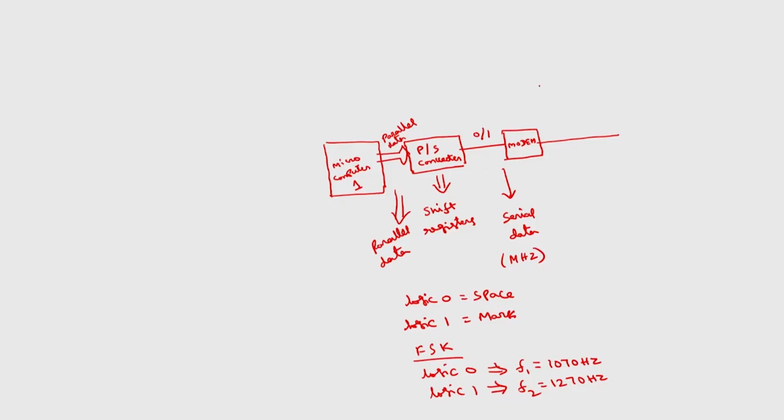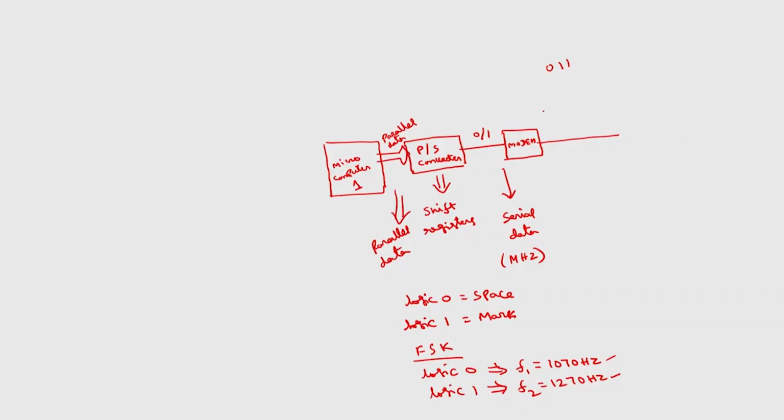Then the output of the modem will be, if I want to transmit, say, three bits serially, 0, 1, 1: this is a high frequency signal, this is a low frequency signal. So 0 corresponds to one frequency, 1070, which is a low frequency signal.